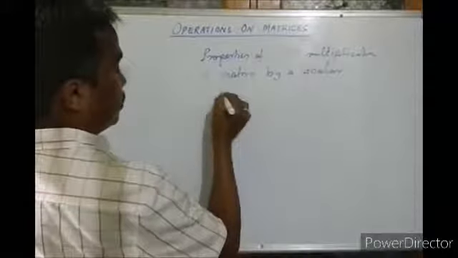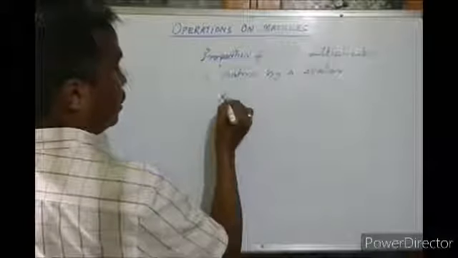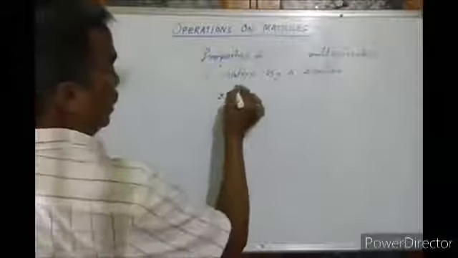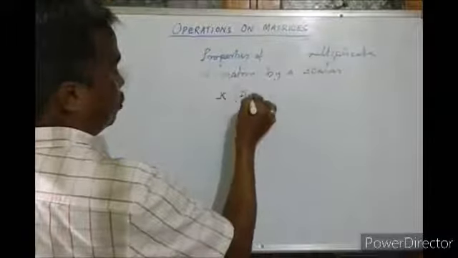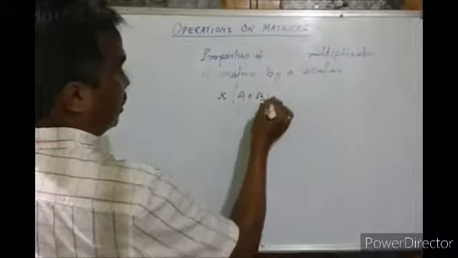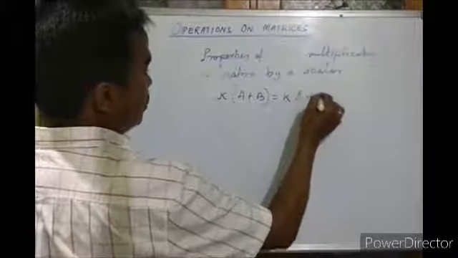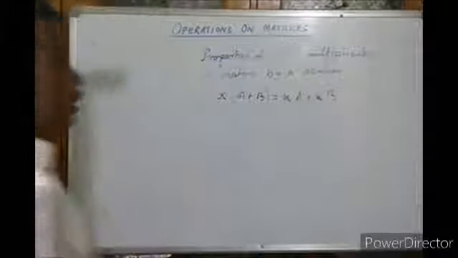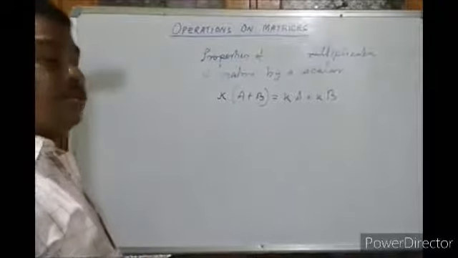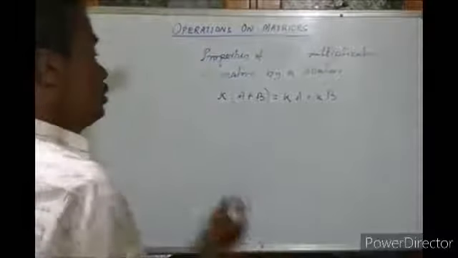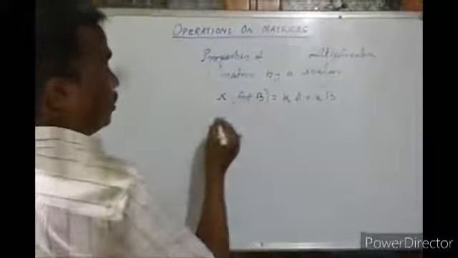The properties go like this. If K is a scalar and A and B are two matrices, then K into A plus B is equal to KA plus KB. So it distributes over the addition of matrices.